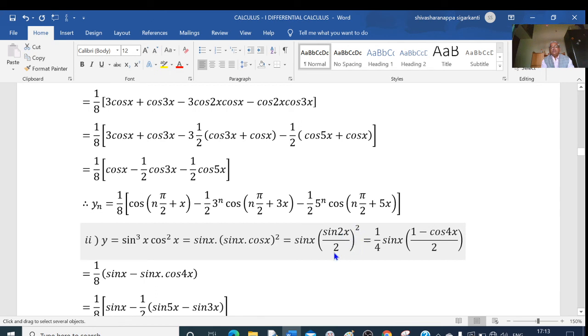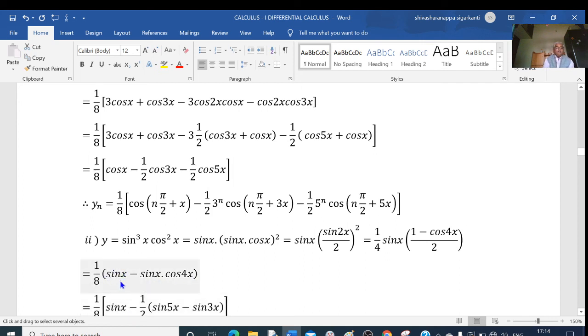This becomes 1 by 4 into sin x into sin square 2x. Sin square 2x can be written as 1 minus cos 4x by 2. And this is equal to 1 by 4 into 1 by 2, that is 1 by 8, into sin x into 1 is sin x minus sin x into cos 4x.